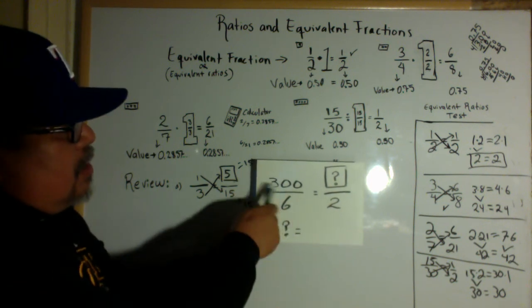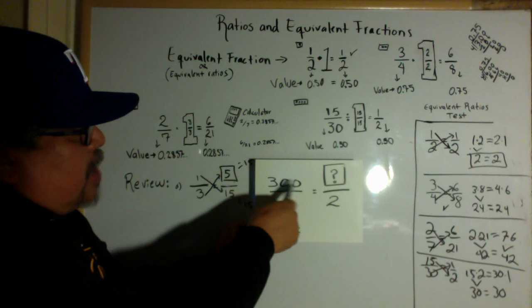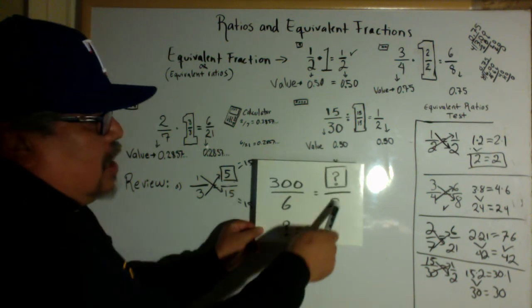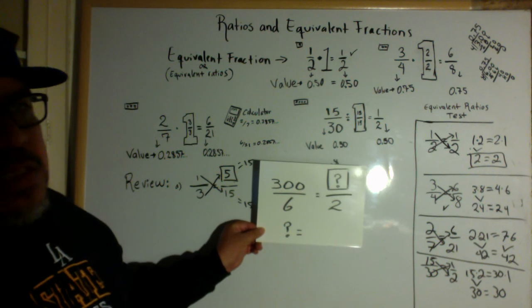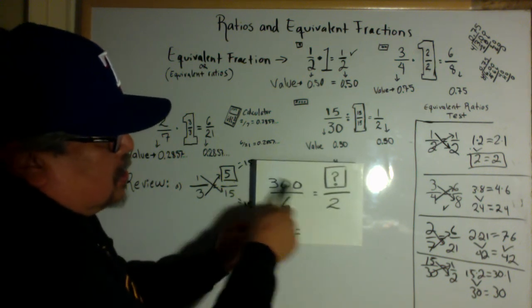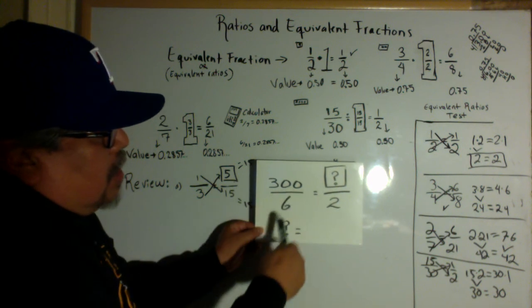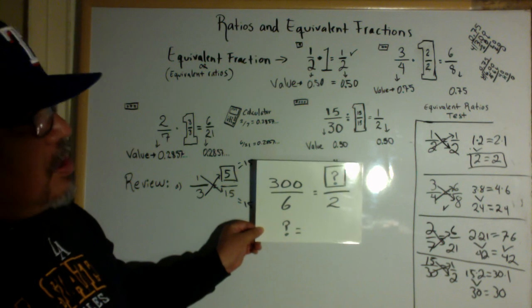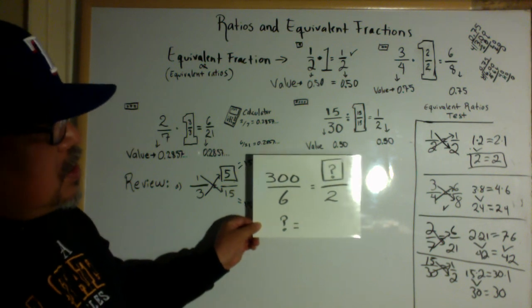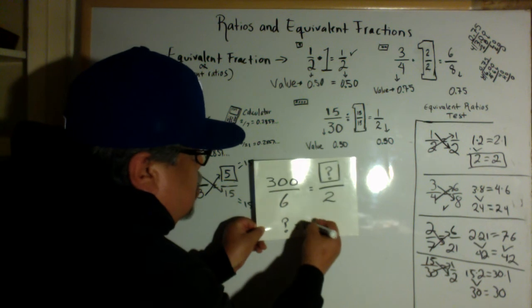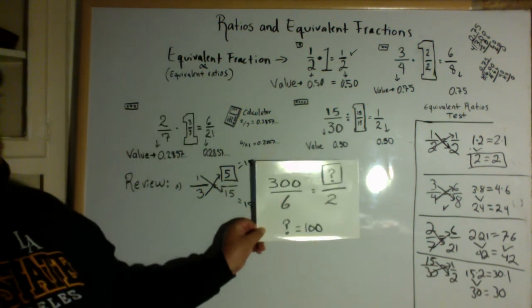If I drove 300 miles in 6 hours, how many miles did I drive in 2 hours? And this is very simple now, because 300 times 2 is 600, right? And 6 times what equals 600? Well, the only number that goes there, the question mark, will have to be 100.